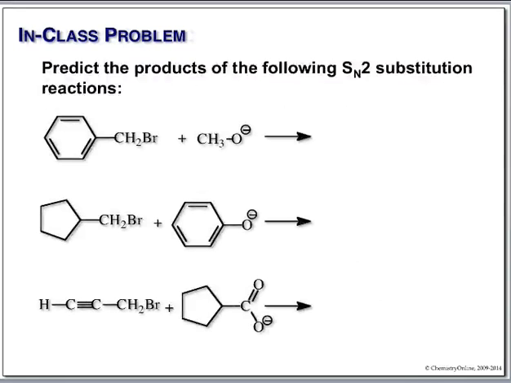On the exam, I would tell you that these are all Sn2 reactions. In our first one, we have benzyl bromide, very reactive compound. Methoxide is our nucleophile. Bromine is the leaving group. We simply make the ether.